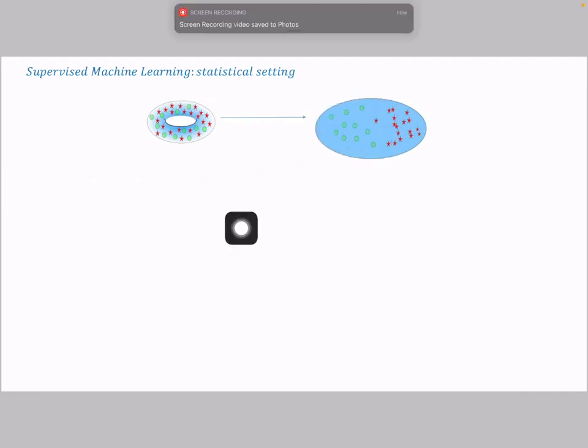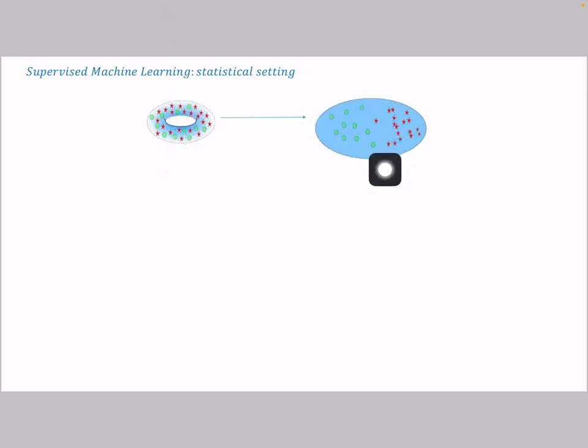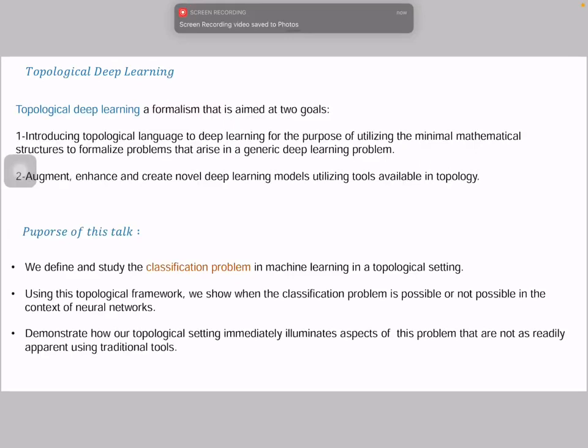So this picture motivates us to think about the input space and the output space as topological spaces. And we are acting on those topological spaces by a continuous function that deforms the input space to the output space. So today I'm going to introduce to you topological deep learning. Topological deep learning is a formalism that is aimed at two goals.